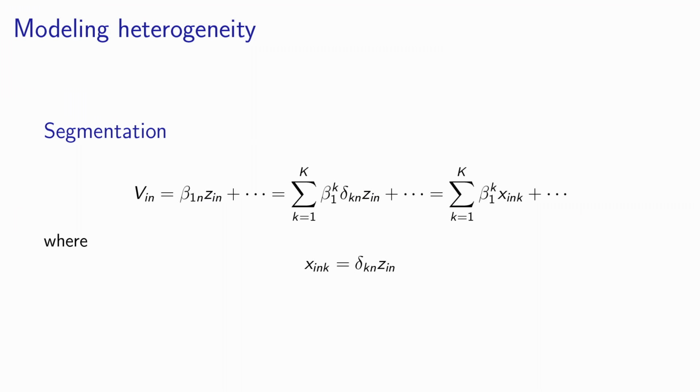So we define a new variable xin, which is the product of delta kn and zin. So basically, xin will be equal to zin for individuals who belong to the segment k, and will be 0 for all other individuals. And therefore, this segmentation can be written as a classical linear in parameter specification.